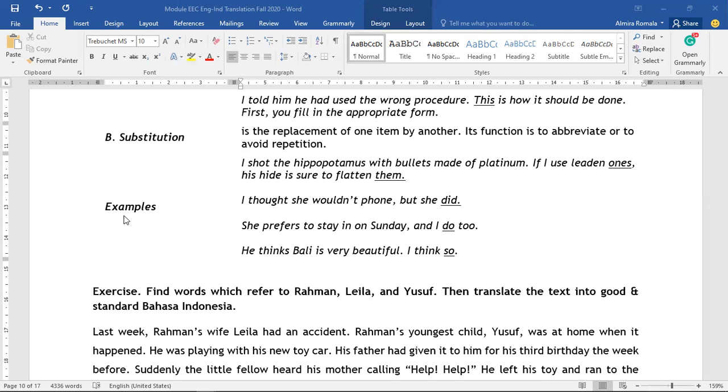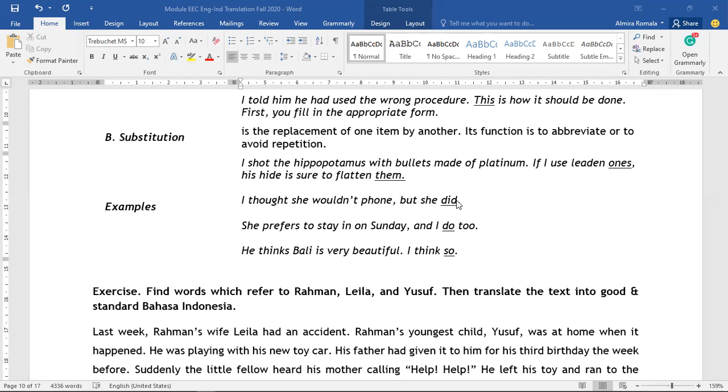But it can be done in another way too, not only using reference; we can just cut a part of the sentence. For example, "I thought she wouldn't phone, but she did." "Aku pikir dia tidak akan menelpon, tapi dia melakukannya."